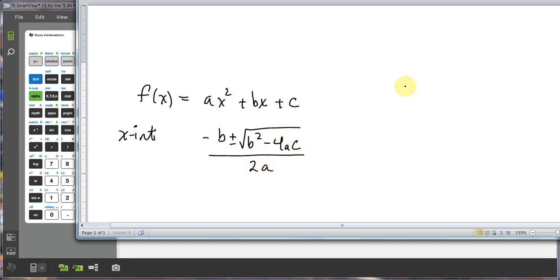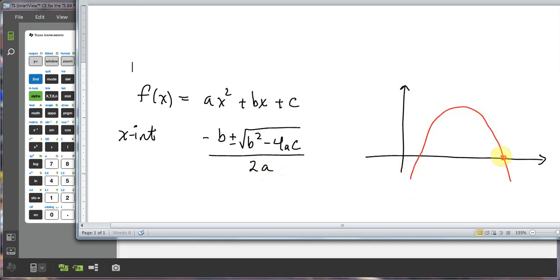Okay? So for example, if we have a graph like so, and let's say here's our graph, then one of the x-intercepts is going to be over here and the other one would be over here, and these x-intercepts will be produced by this particular equation.